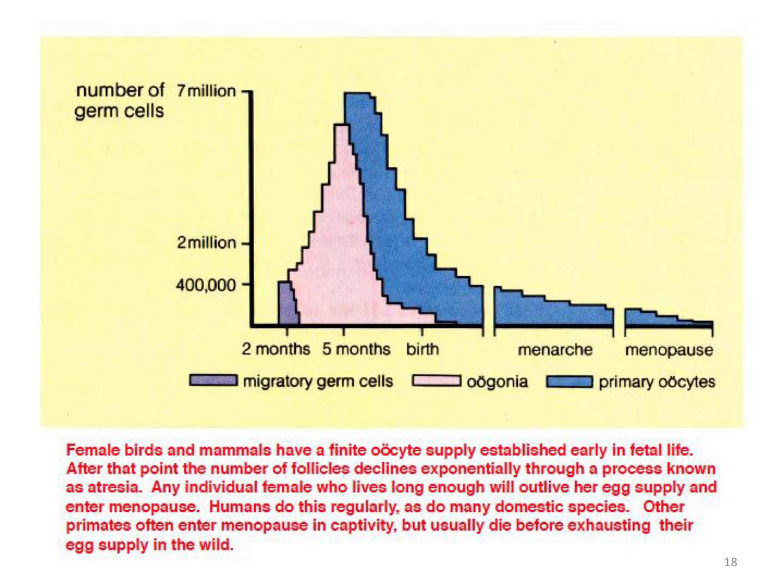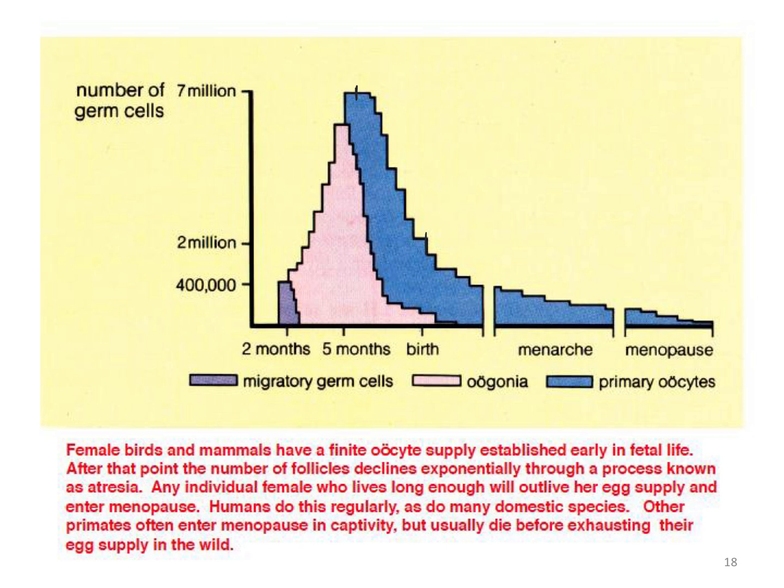So one of the major differences between oogenesis and spermatogenesis is that all the eggs you were ever going to have were actually made before you were even born. So you've actually gone from about 7 million cells at around 5 months to approximately 2 million by the time you're born.